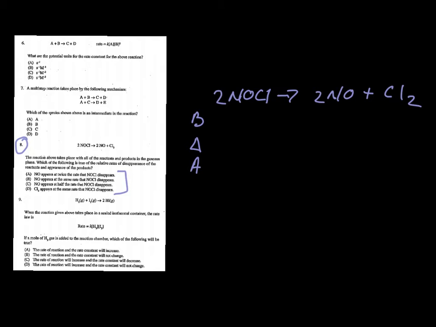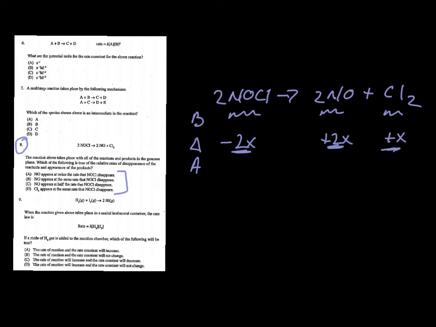And so here's the idea: if we draw out the reaction and think about stoichiometry, it really doesn't matter what the initial concentrations are. They may be 0 for the products, but it doesn't matter. The one thing we know is this is going to be consumed at 2x, this is going to be formed at 2x, and this is going to be formed at 1x. So if we're talking about relative concentrations, 2 of these will disappear for every 2 that form. So the rate of change of NO and NOCl should be the same.